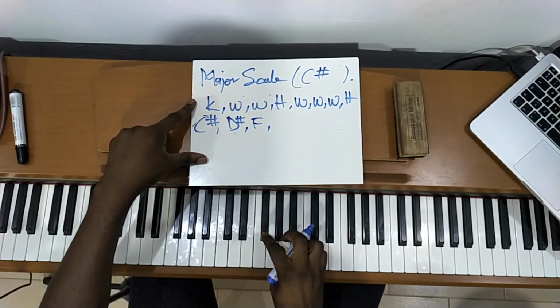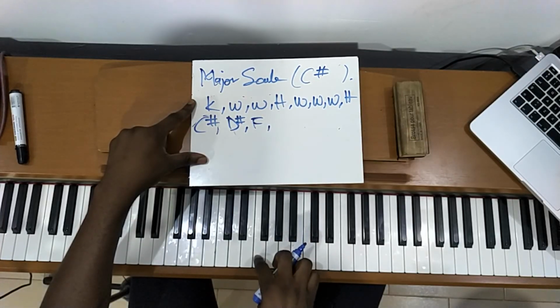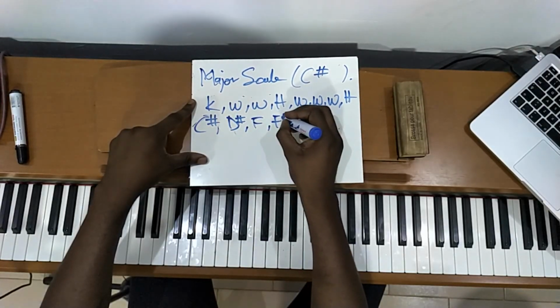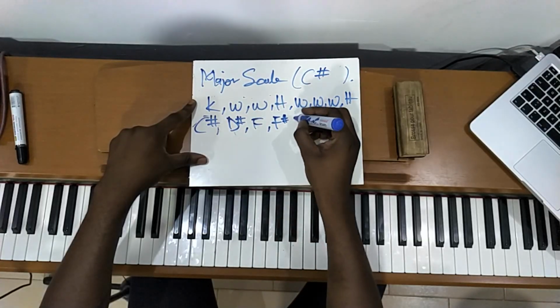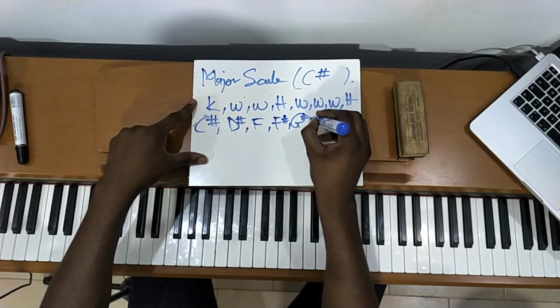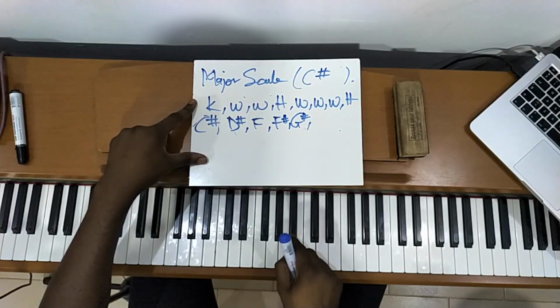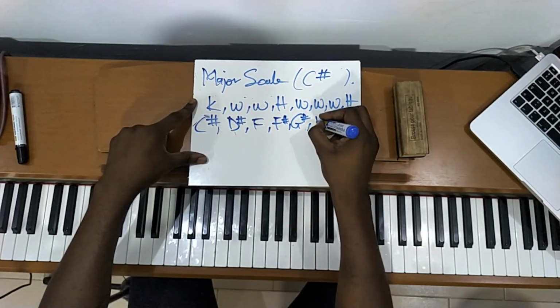Okay. Then we move on to a half step. From here, the half step will be what? F sharp. From the F sharp, a whole step will be what? G sharp. Then another, that will be what? A sharp.